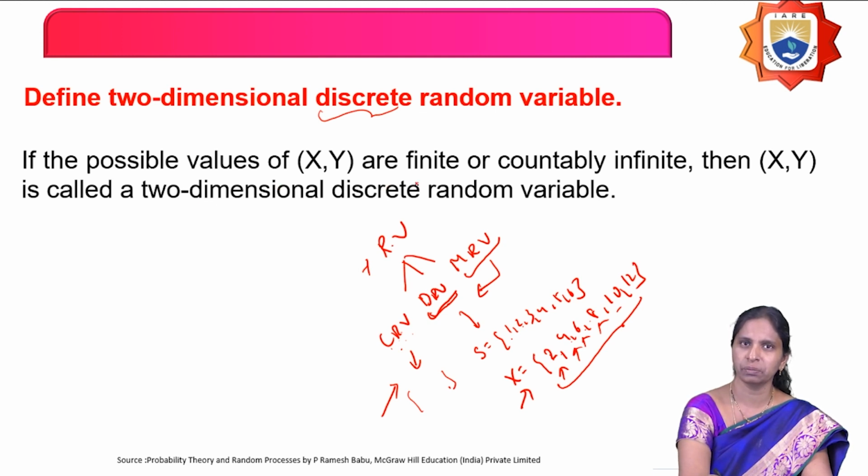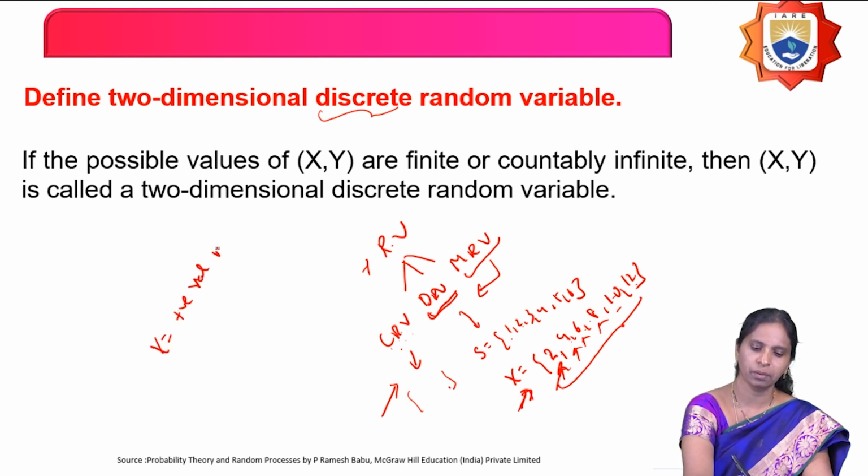two-dimensional discrete random variable. If you take a single random variable, these values are countable, like 1, 2, 3, 4, 5, 6, 7. So they are discrete in nature, they are countable. Similarly, if you take an experiment such that X is a positive integer, then X equals 1, 2, 3, 4 and so on up to infinity.